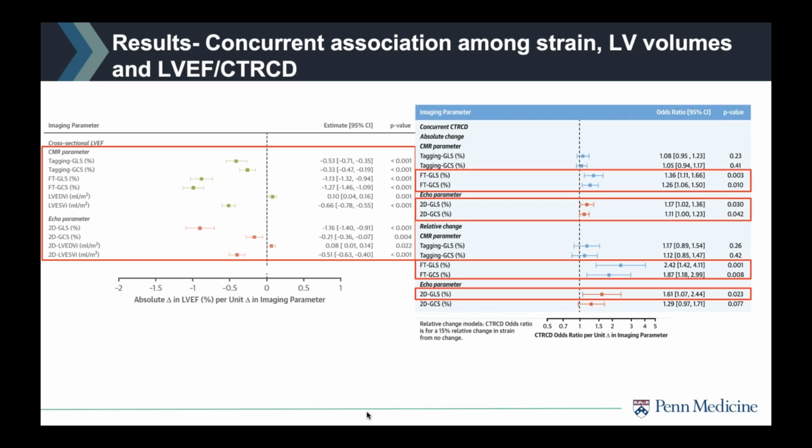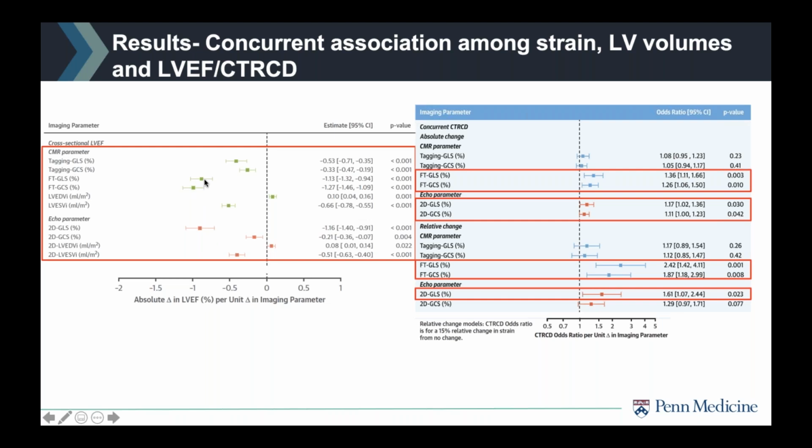This is just showing the concurrent association of strain and LV volumes with change in LVEF and CTR-CD. As you can see on the left, CMR strain parameters, LV volumes, and echo parameters did predict a change in LVEF; there was a concurrent association.